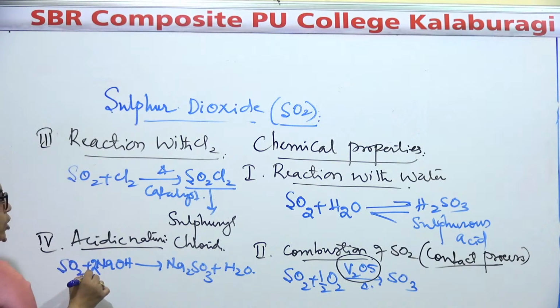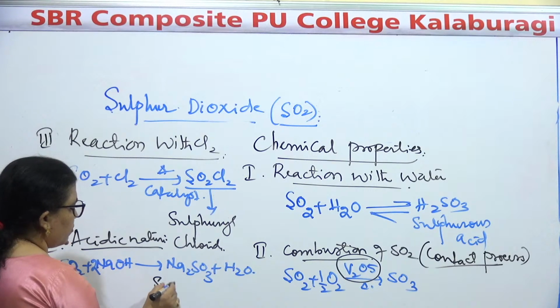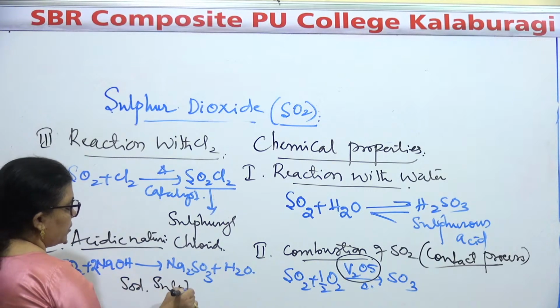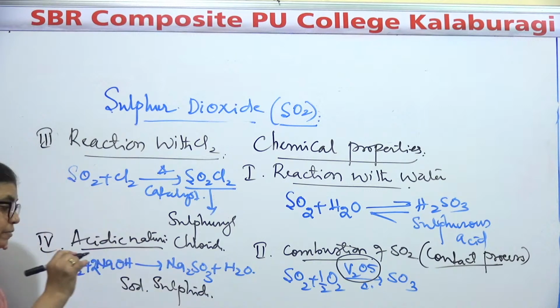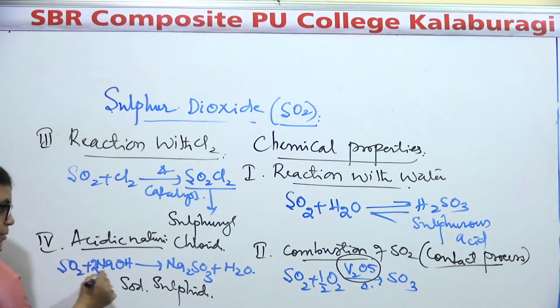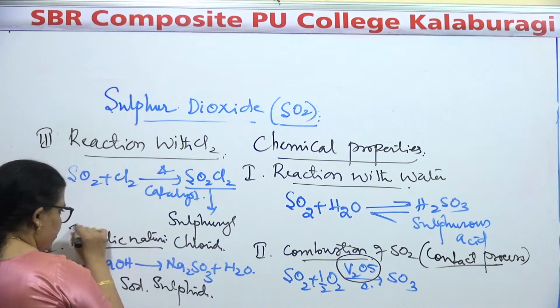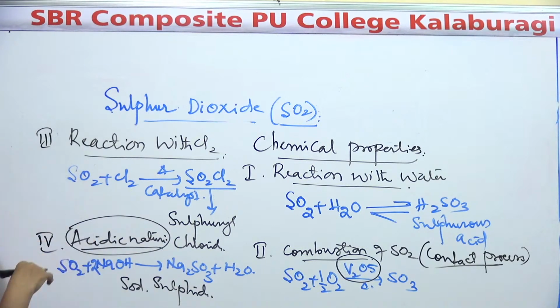Balance the equation: 2 Na, 2 hydrogen, oxygen 4. Yes, it is balanced. This is sodium sulfite. This reaction with a base indicates that sulfur dioxide is acidic in nature.